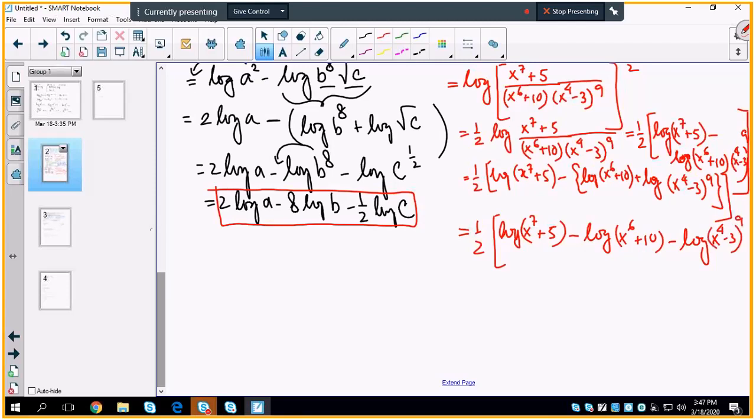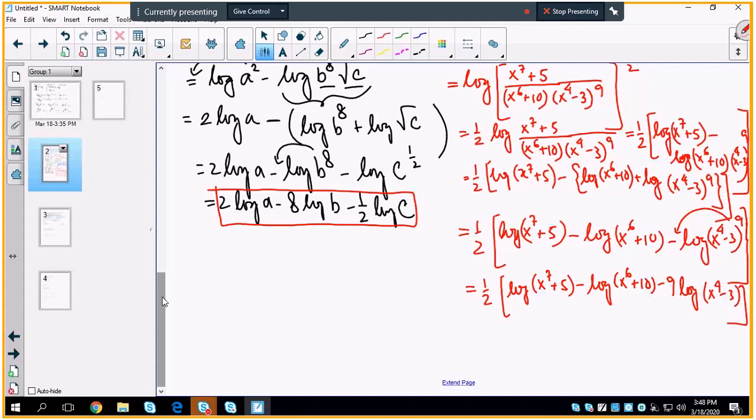And then I see I can bring the power 9 in front using the power rule. So I will write it as 1/2 log of x to the power 7 plus 5 minus log of x to the power 6 plus 10 minus 9 times log of x to the power 4 minus 3.